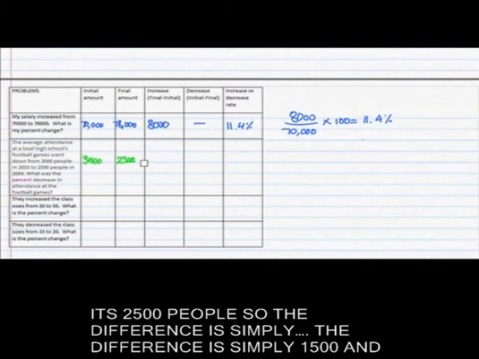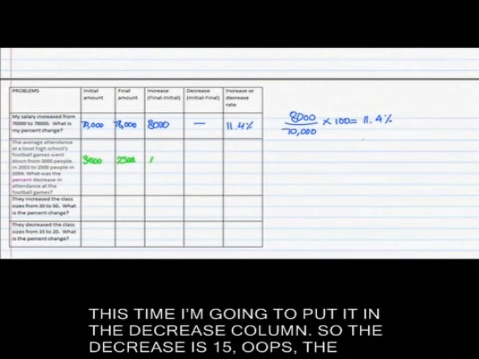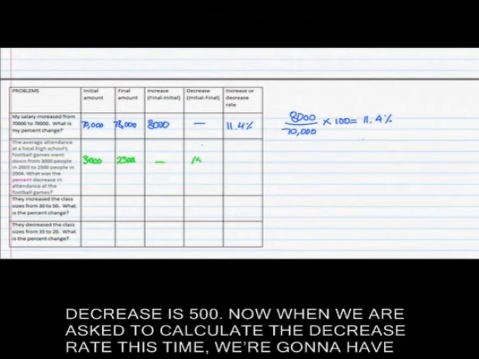So the difference is simply 500. And this time I'm going to put it in the decrease column. So the decrease is 500.